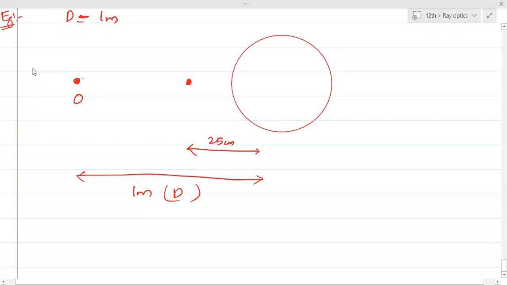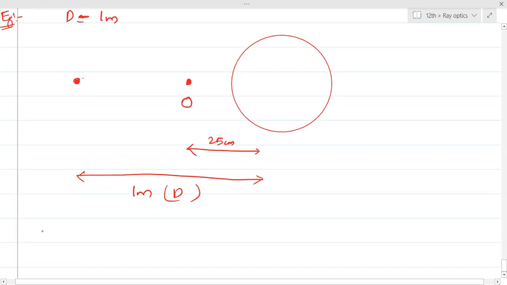Wait a minute. Sorry. Yeah, just a minute. Look, here the near object should be visible. What should happen? The near object should be visible. Basically speaking, the object placed at 25 centimeter should be visible.